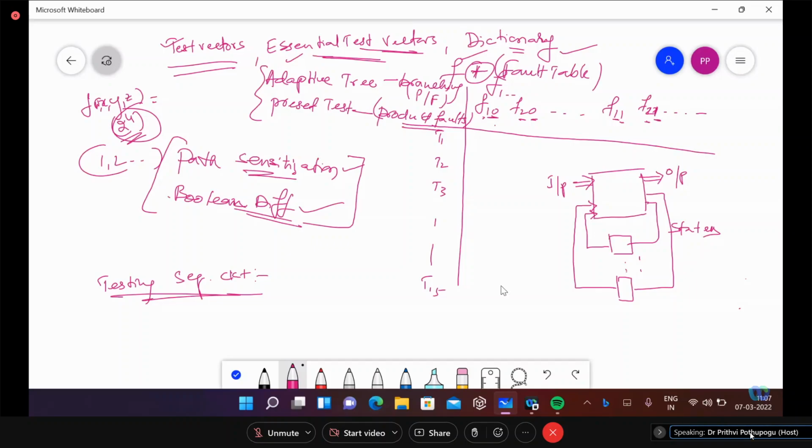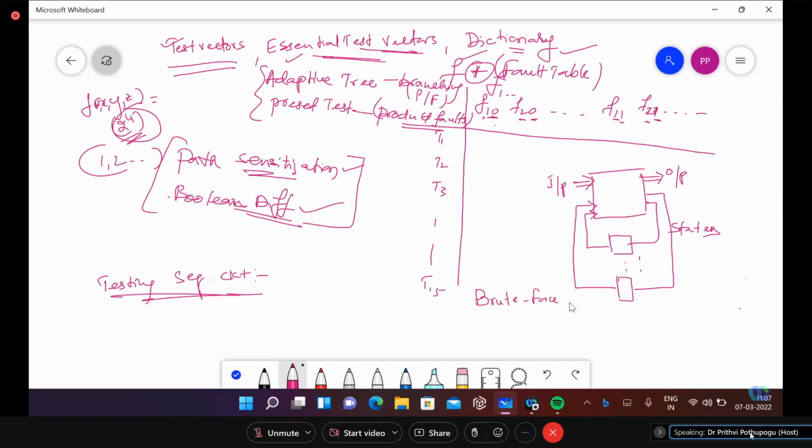Whether the circuit is functioning correctly or not will be decided by the responses you are defining for all input combinations.